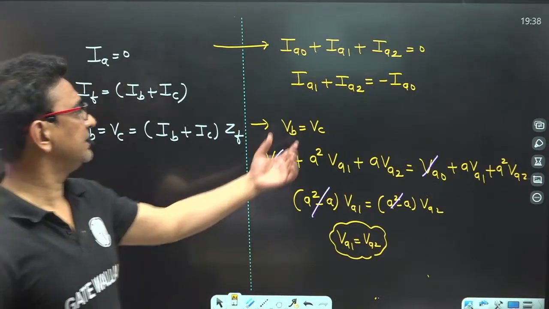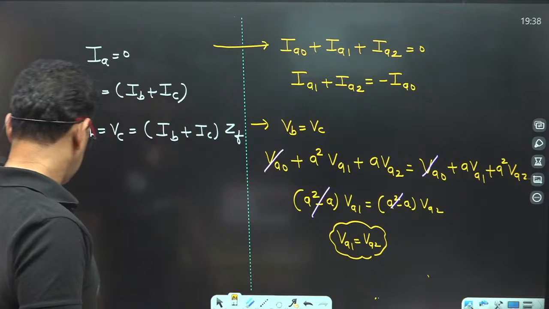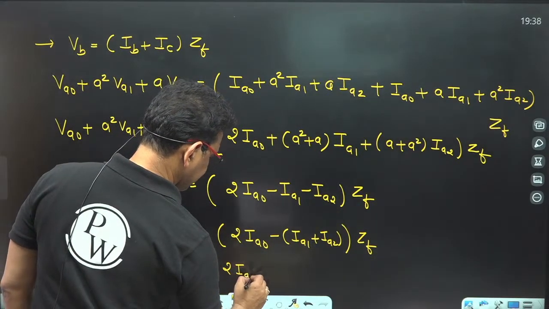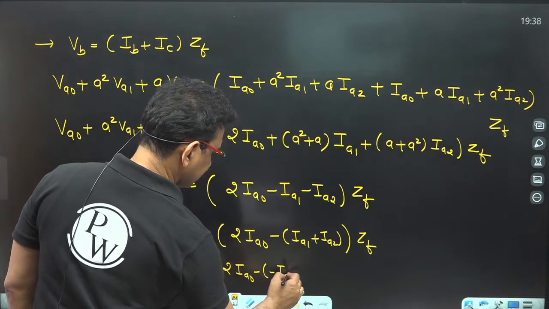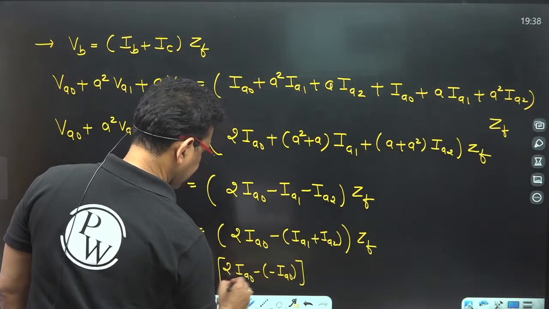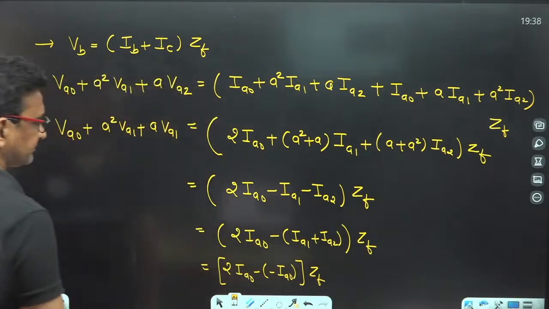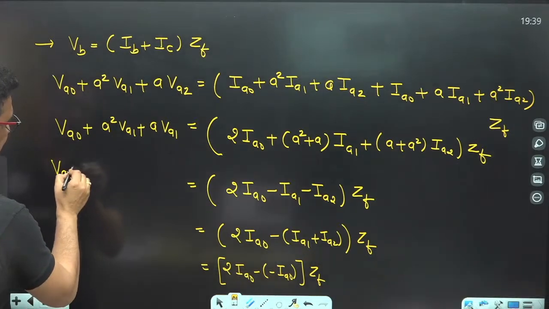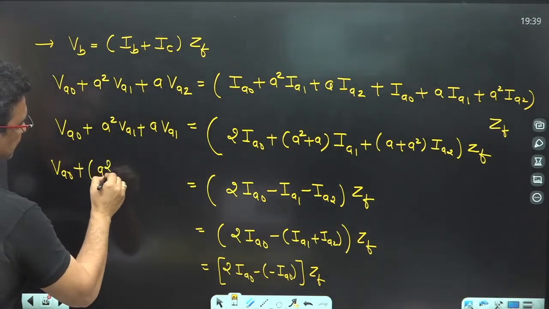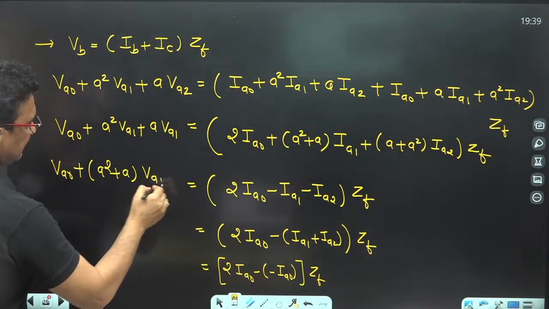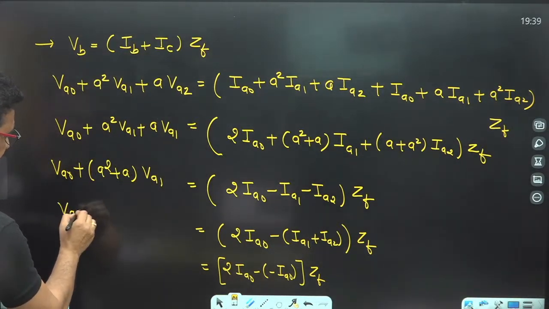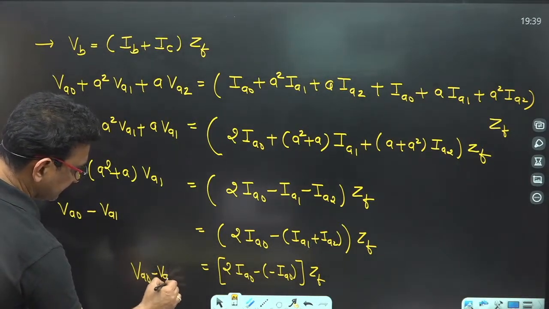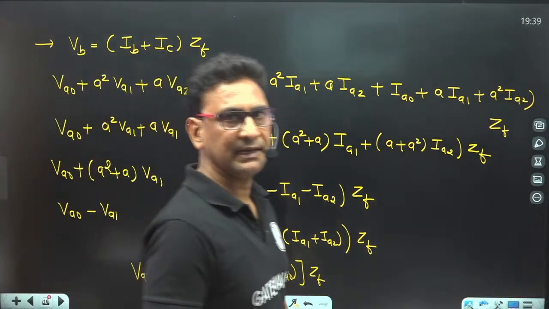Now IA1 plus IA2 is minus IA0, so it becomes 2 IA0 plus IA0, that is 3 IA0, into ZF. On the left side, VA0 plus A square plus A times VA1, and A square plus A is nothing but minus 1, so VA0 minus VA1. Clear?